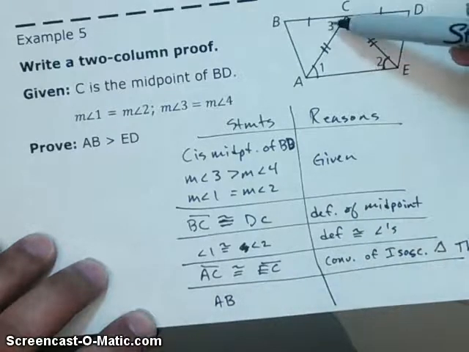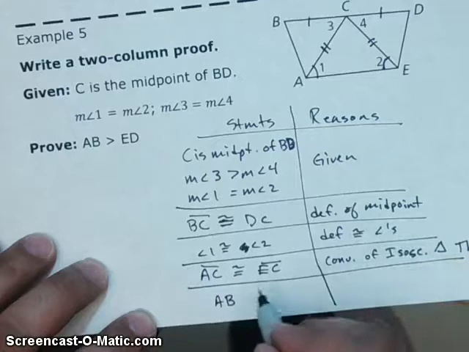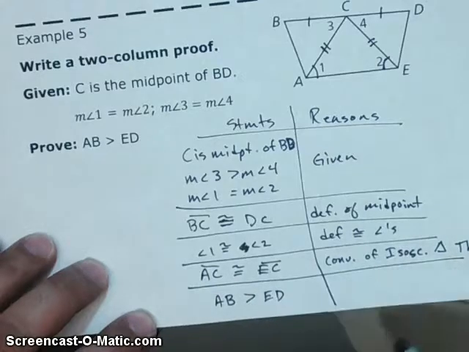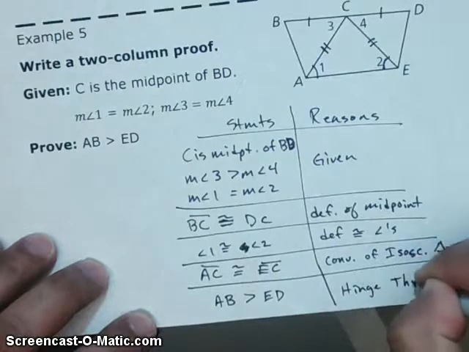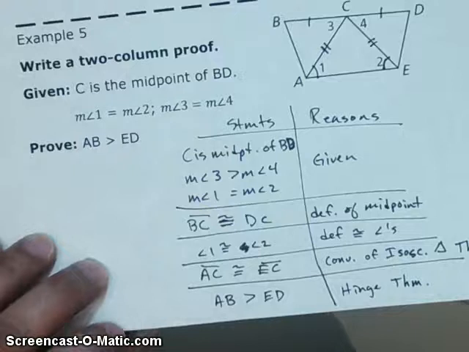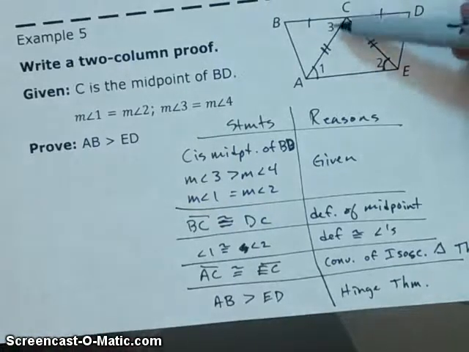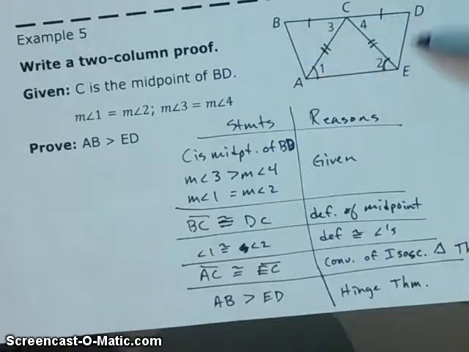Because in our givens we said that 3 was bigger than 4, that means that AB, the distance from A to B, has to be bigger than the distance from E to D. Which again, that's the hinge theorem. Because if this angle is bigger than this one, then this side right here has to be bigger than this side over here. And we're done with our proof.